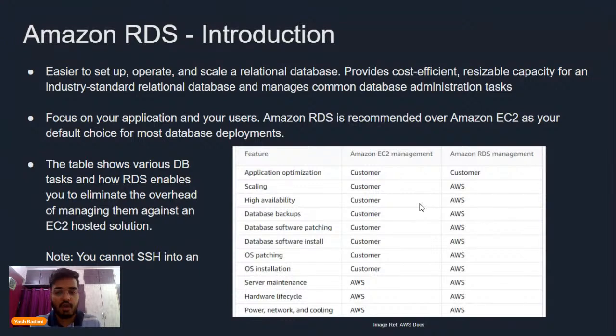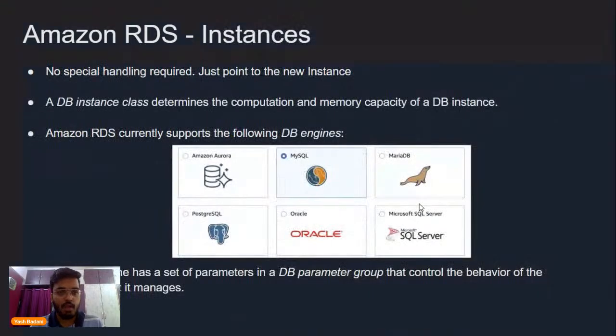So of course, you will ask, how do I manage my database and configure some of its parameters? AWS helps you do that within the console itself using something called parameter groups, and we'll see that later.